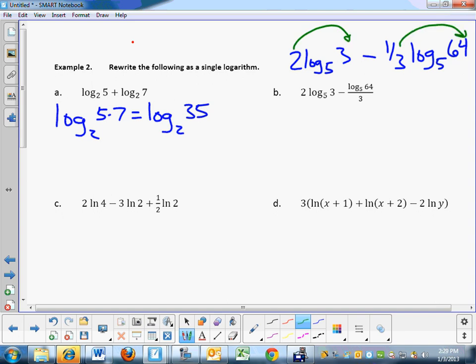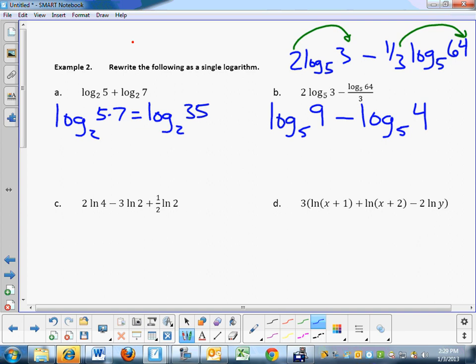Good. What is 3 to the second power? 9. So you got the log base 5 of 9. And then what's 64 to the 1/3 power? What's the cube root of 64? 4. Good. So you've got log base 5 of 9 minus log base 5 of 4.